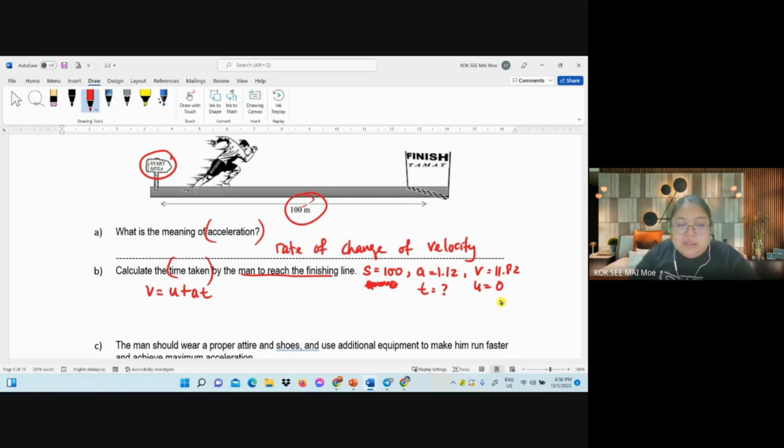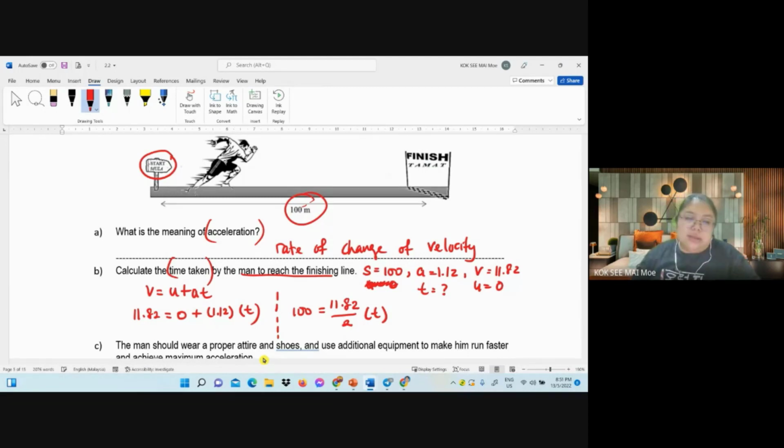If I use this one, 11.82 equals u, which is 0, plus a, 1.12, times the time taken, which we don't know. So we can find the answer. If I use the second one, s equals half (v plus u) times t, 100 equals 11.82 divided by 2 times t, then we see the time.